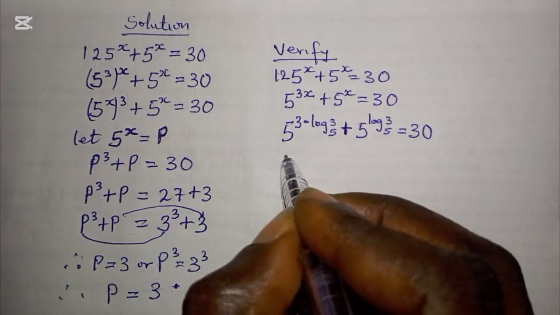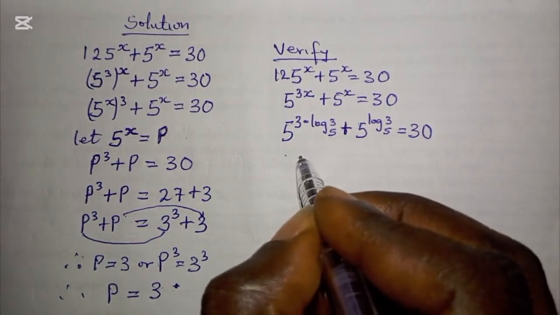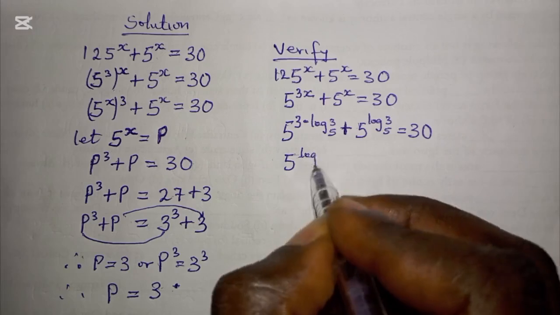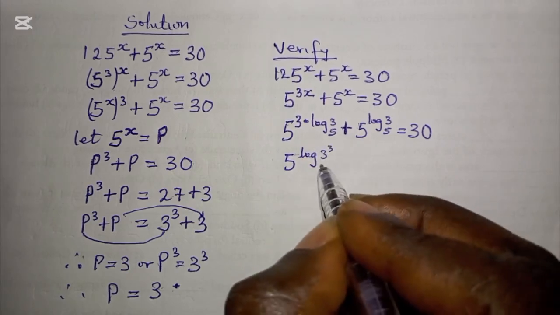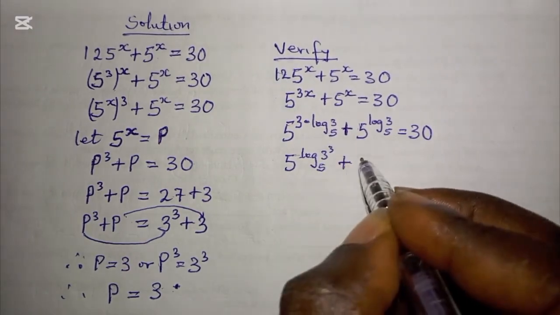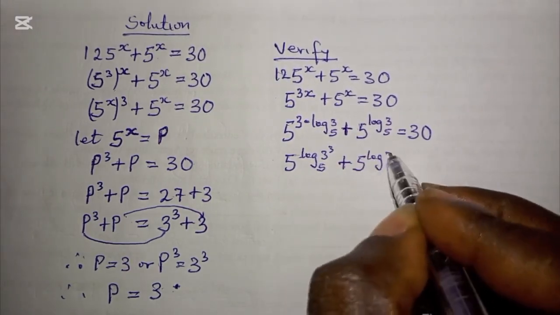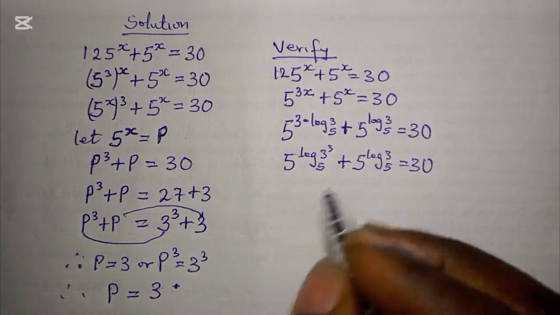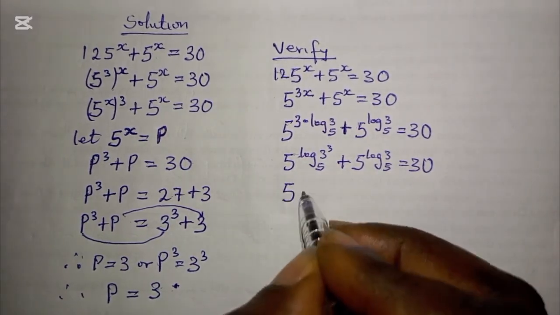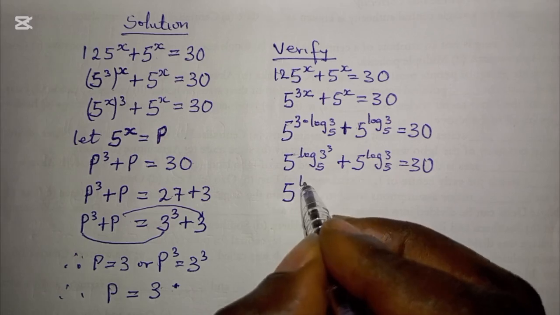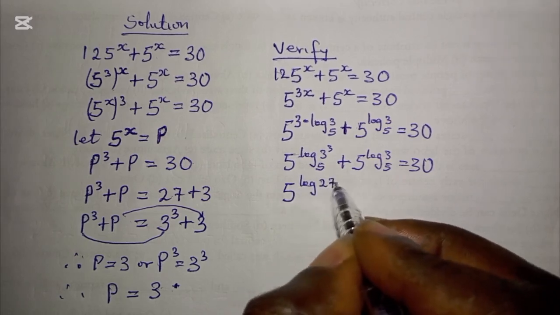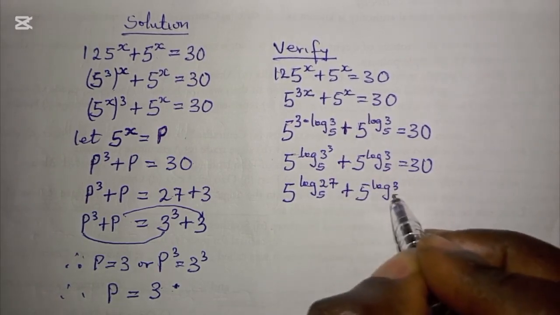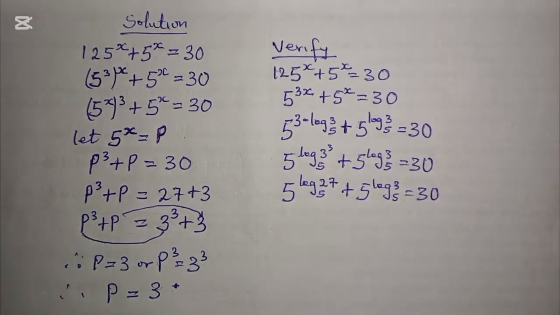Now, recall that we can rewrite this in this form: 5 raised to the power of log 3 raised to the power of 3 base 5, plus 5 raised to the power of log 3 base 5, equals 30. So this can also be written as 5 raised to the power of log 27 base 5, plus 5 raised to the power of log 3 base 5, equals 30.